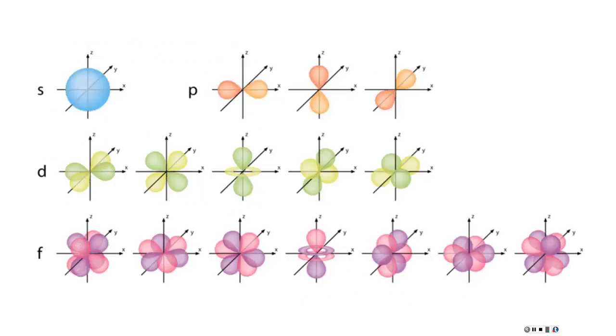These are pictures of all the orbitals. The S, there's only one shape for it, and it holds 2 electrons. P, there are 3 shapes, each hold 2 each, so you end up with 6. Does that help at all? And then D is 5, so 10, F is 14.